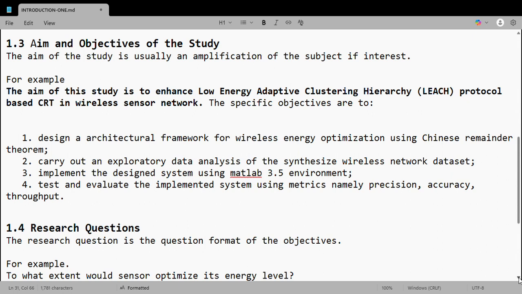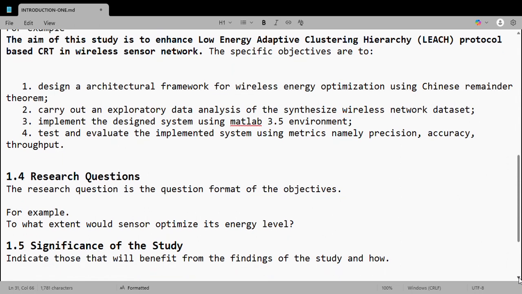For example, I ask: to what extent would a sensor optimize its energy level? It means the objective has to address this question. This question has to be discussed in chapter 3, the research methodology, and the result in chapter 4, which is the implementation.